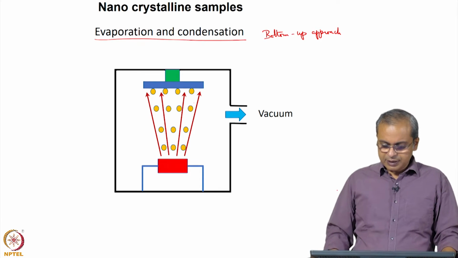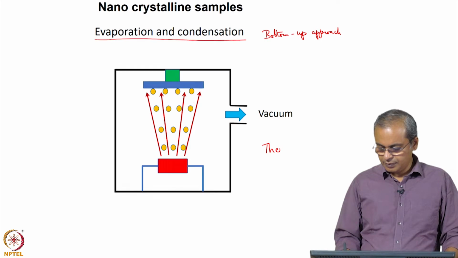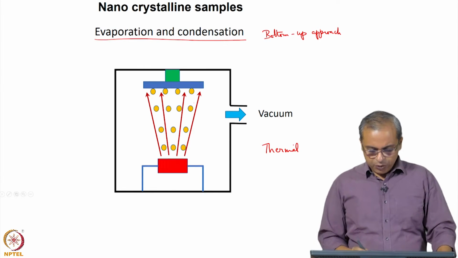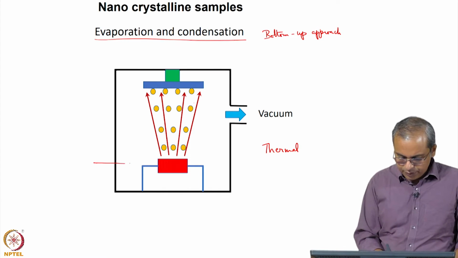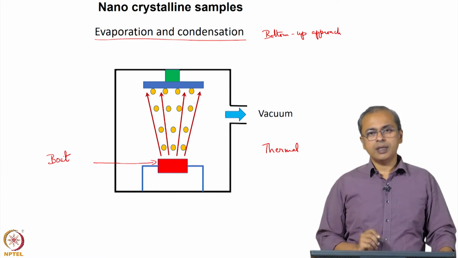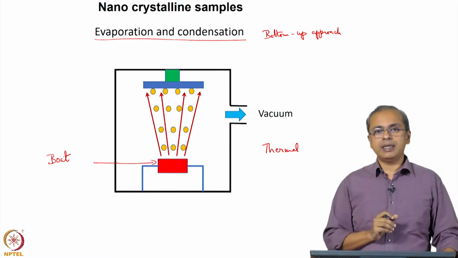So, the first process is a thermal process, basically thermal evaporation. What we do is there is a boat, this is called a boat. Usually it is made of some high melting point metal.